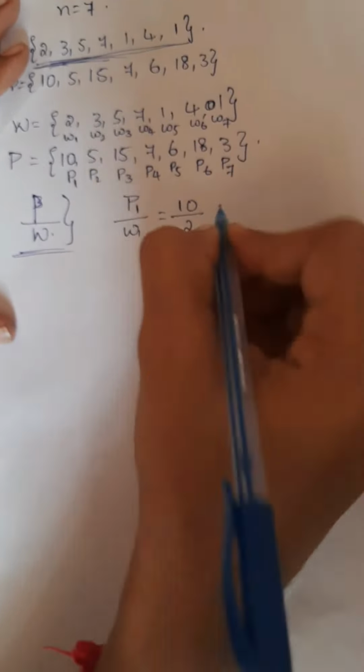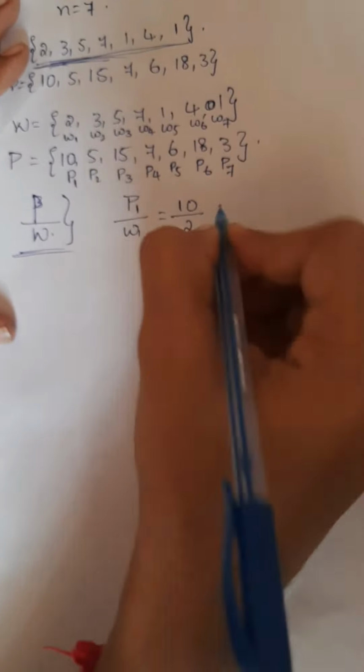Like so we have to calculate P by W. Here P2 is 5 and W2 is 3, and this value comes like 1.67. And next P3 by W3. The P3 value is 15 and the W3 value is 5, and the value is 3.